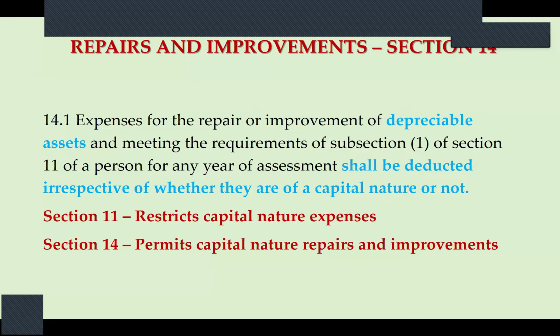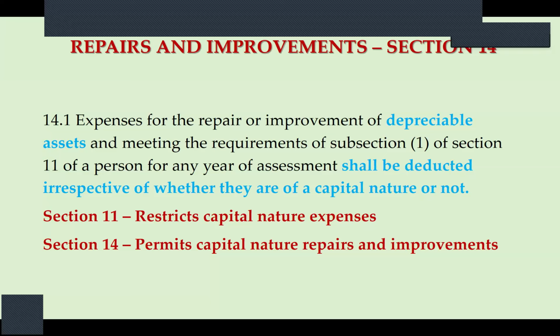All other assets that we are using for business purposes can be considered as depreciable assets. So if we have incurred expenditure on a depreciable asset as repair and improvement, then we have to apply section 14.